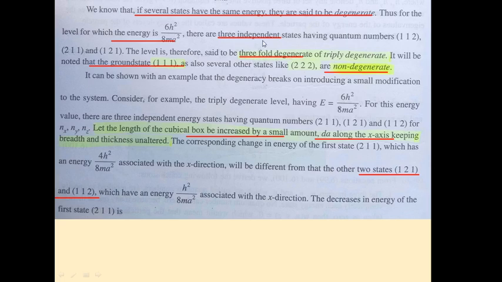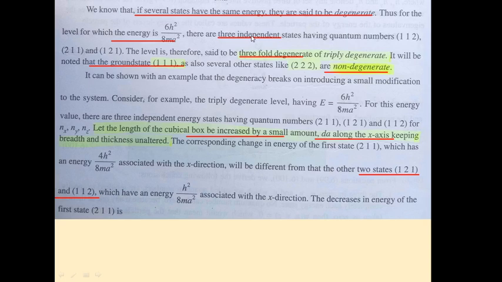All three states are basically independent states. The question arises, how can we say they are independent? Because their quantum numbers are different. In one case it's 1 1 2, in the second case it's 2 1 1, in the third case it's 1 2 1, and therefore they are independent.